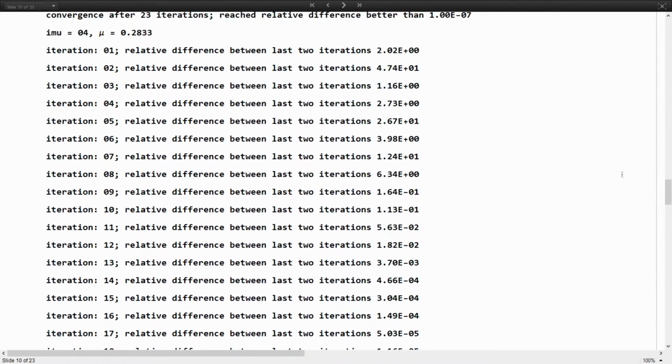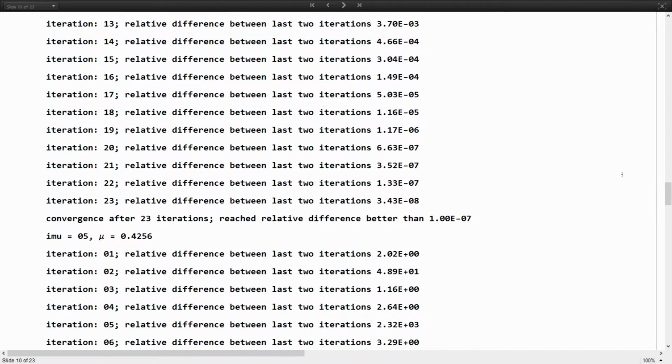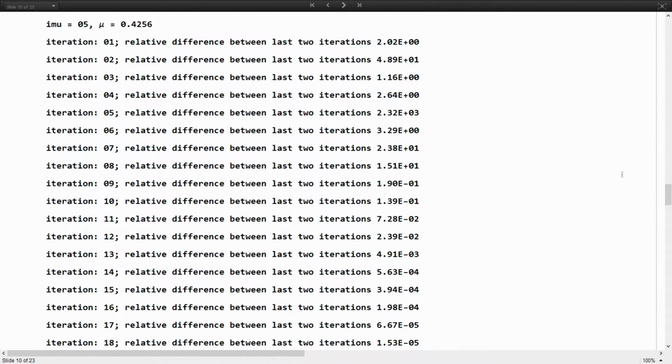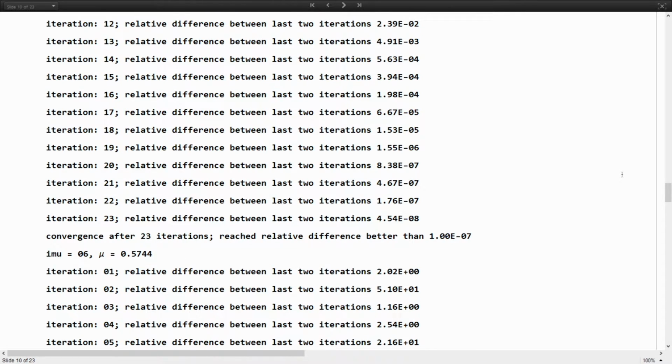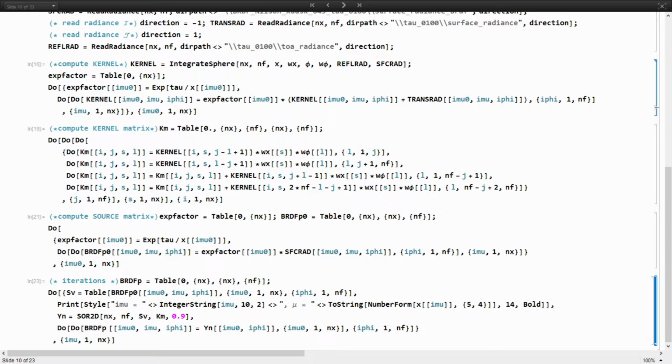And finally, the process converges using probably 22, 23, 24 iterations. In this computation, I chose relaxation parameter of 0.9, given in magenta. Empirically, I found that this value provides the fastest convergence.